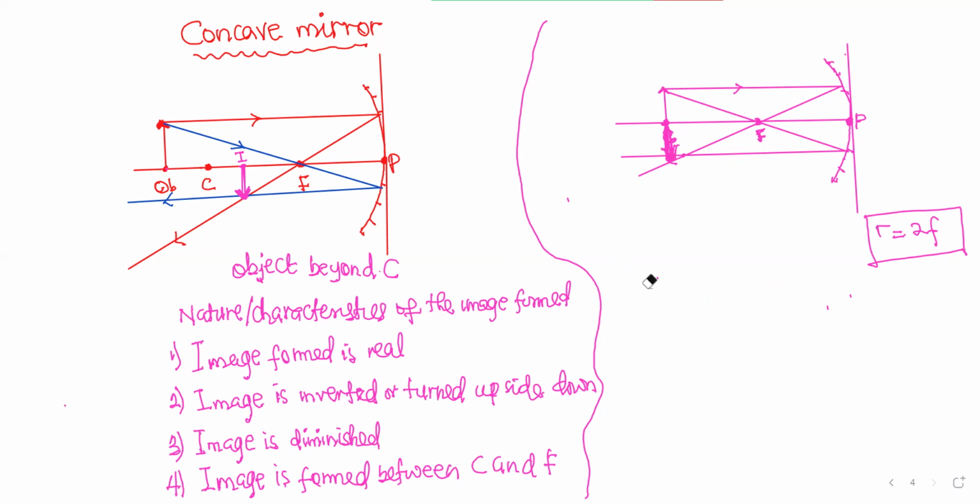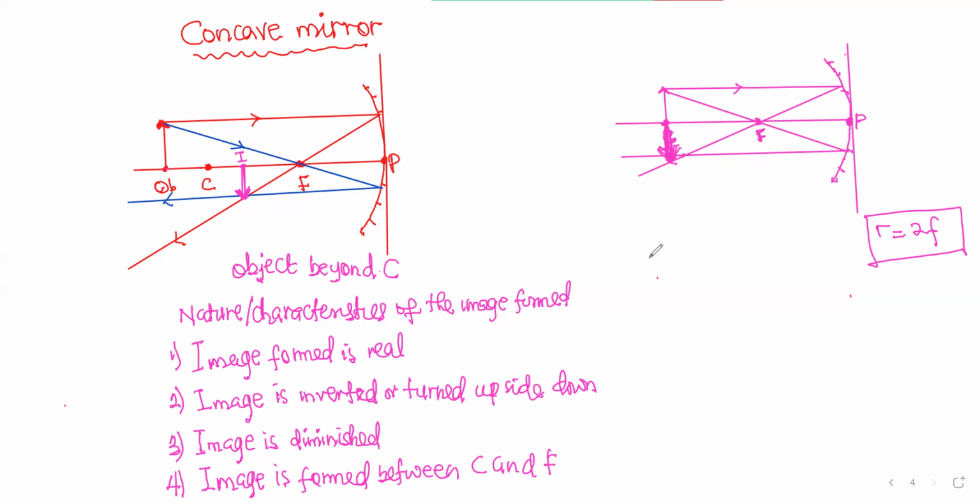Now let's discuss the characteristics or the nature of the image formed. One, the image is real. Real because it is formed in front of the mirror. Real because it is formed as a result of the actual intersection of two reflected rays.